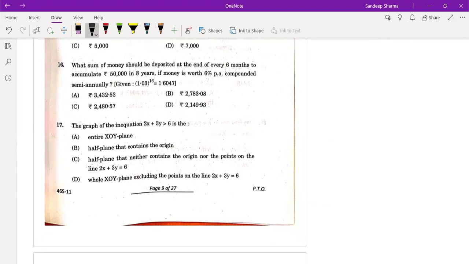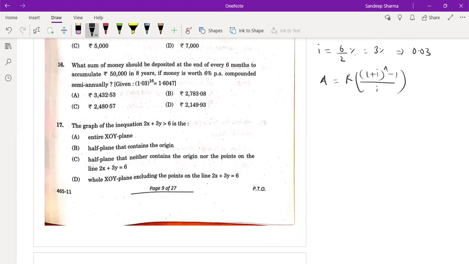If compounded semi-annually is there, so the value of i will be 6 by 2, that is 3%. So the value of i is 0.03. And we know the formula, amount is equal to R multiplied by (1 plus i) raised to the power n minus 1, divided by i.